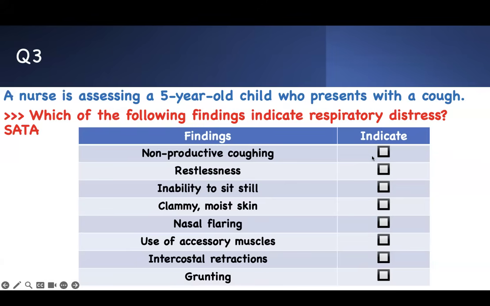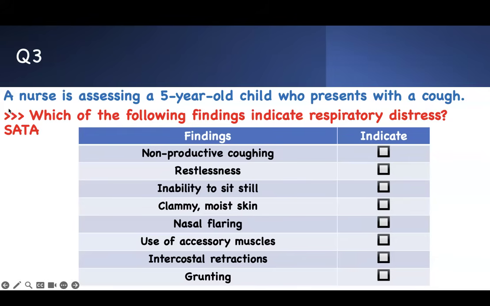Inability to sit still, or clammy moist skin, or nasal flaring, or use of accessory muscles, or intercostal muscle retraction, or grunting. I use all these words for you so that you can know what are signs and symptoms of respiratory distress. These are all words in the B-Sharp. If you don't know the B-Sharp, check out the class and learn how to use them for prioritization.